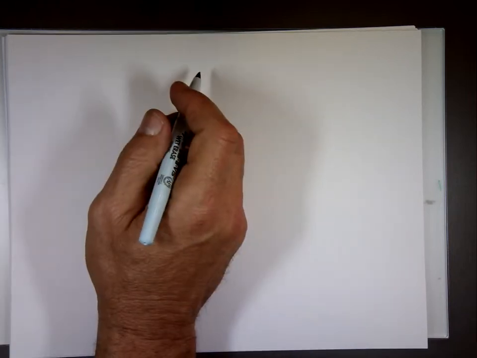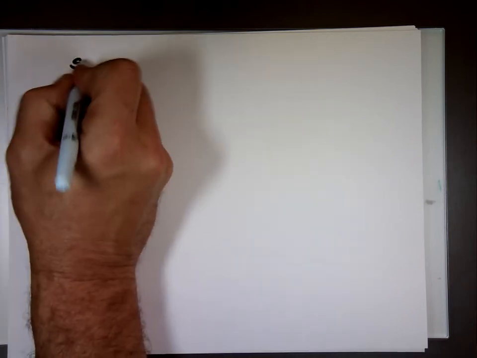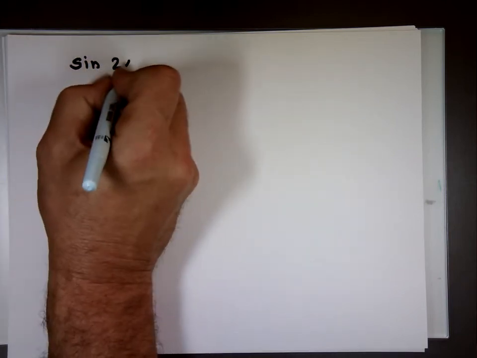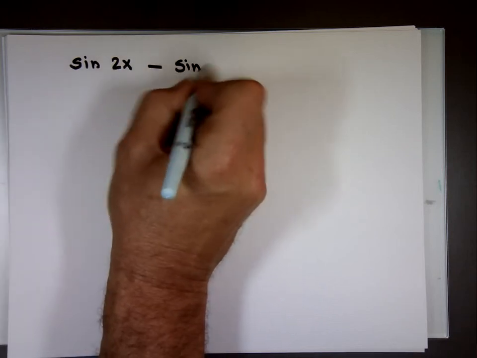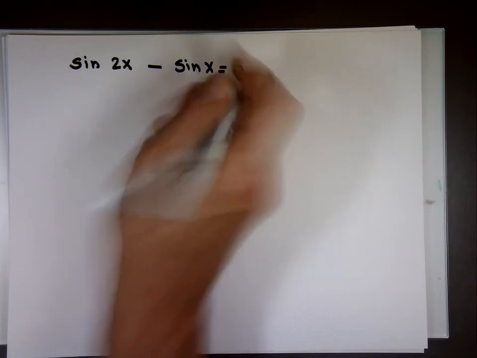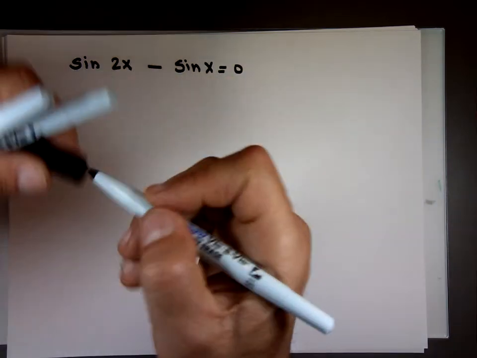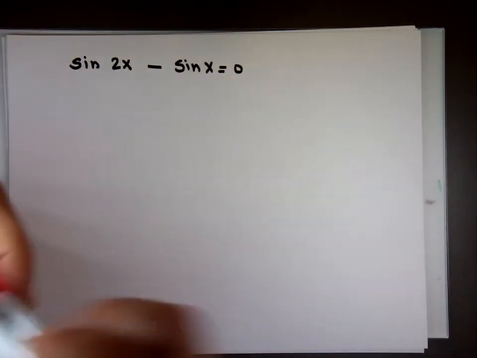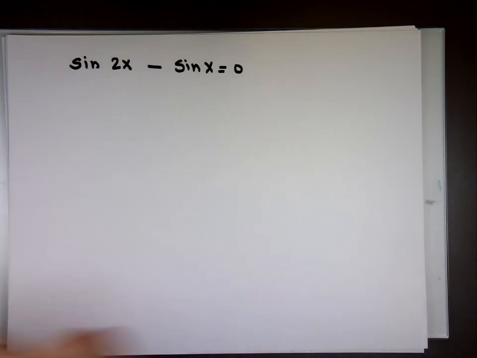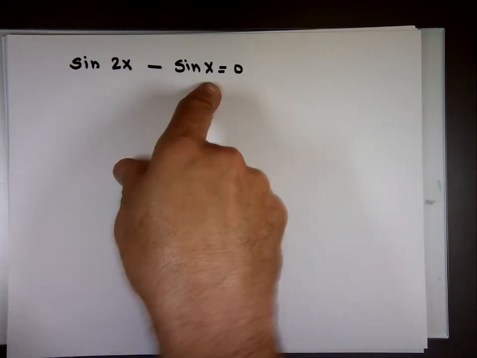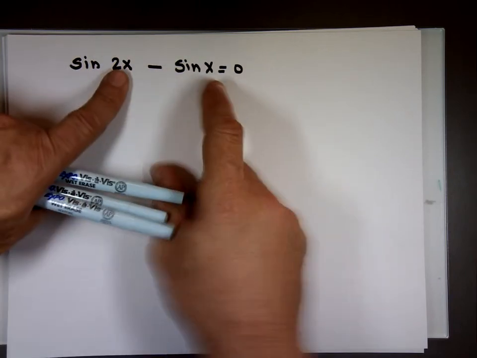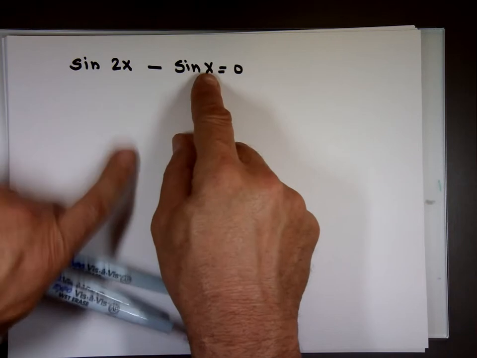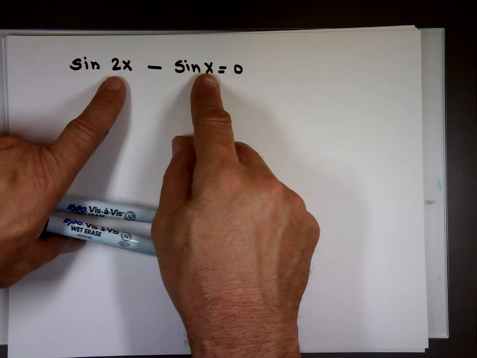Sine 2x minus sine x equals 0. Notice this has 2x, this is x. That is a problem for us. You cannot solve an equation that has sine 2x and sine x unless you change this to that, or this to this. So they have to be matching. If you have 2x, you better have 2x. Or if you have x here, you better change that to x. Otherwise, none of us can solve it.